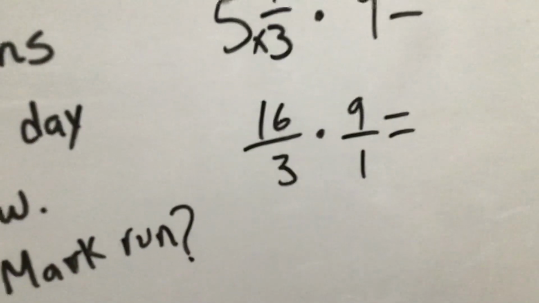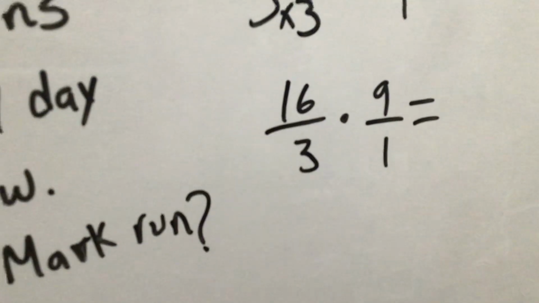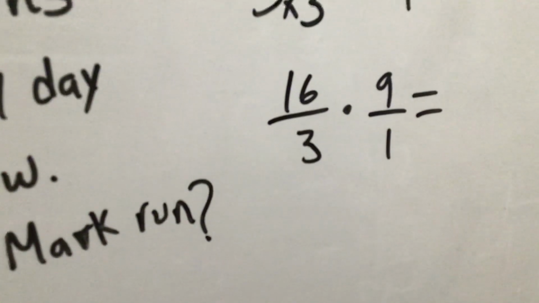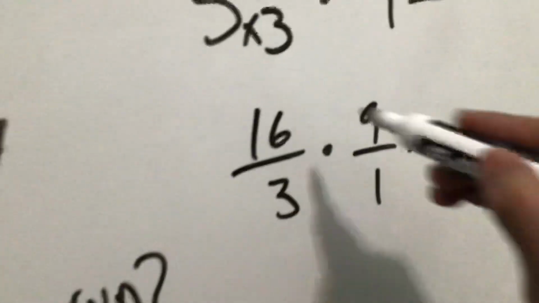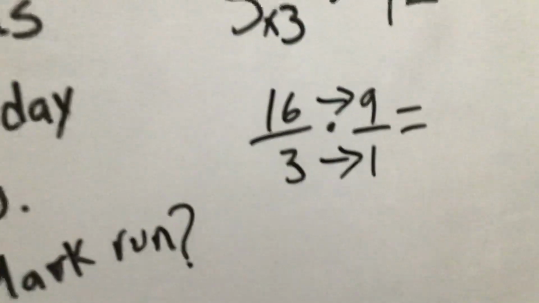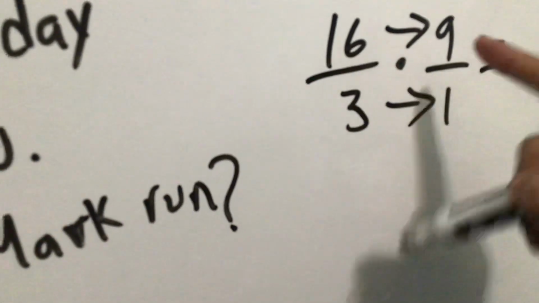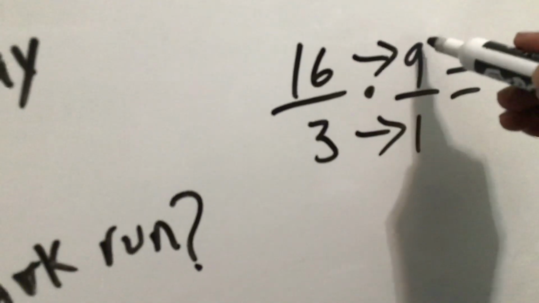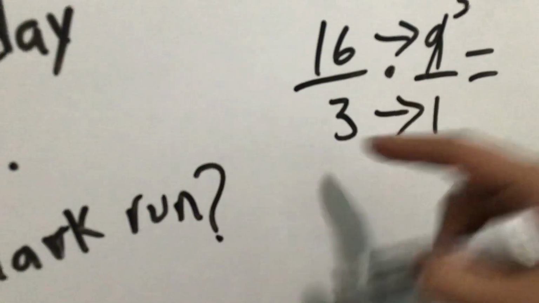Now here, we can do something to make our fractions even smaller, even before we multiply numerator times numerator and denominator times denominator. 3 and a 9. So 3 goes into 9 3 times, and 3 goes into 3 1 time.